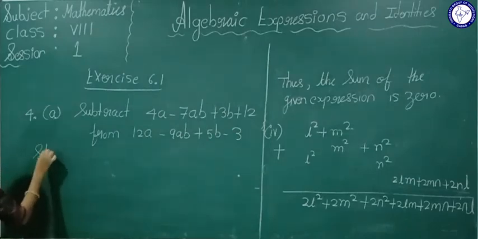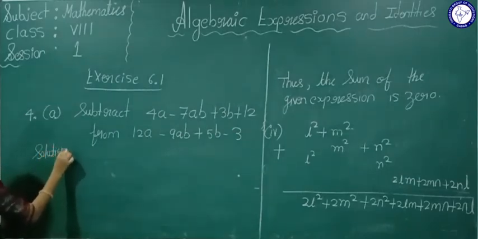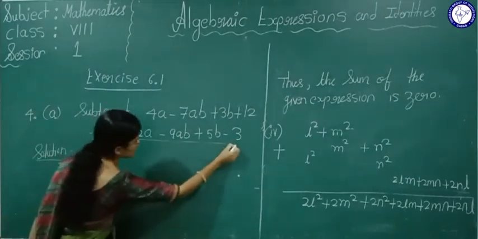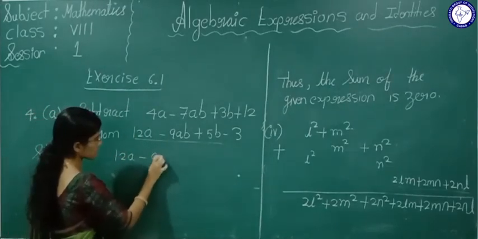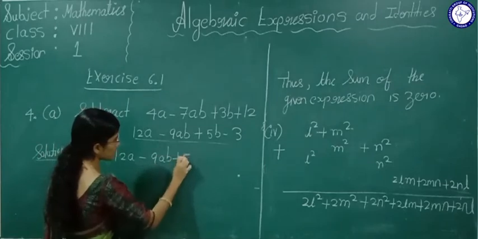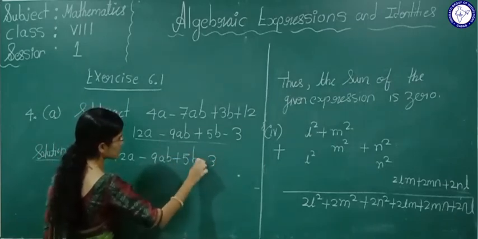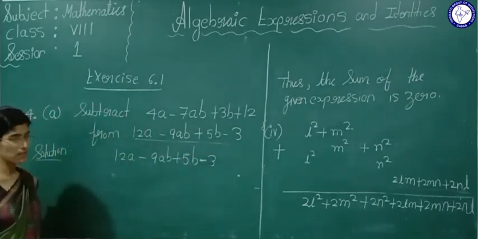See a solution. So this expression you take, 12A minus 9AB plus 5B minus 3. This is a subtract, okay.